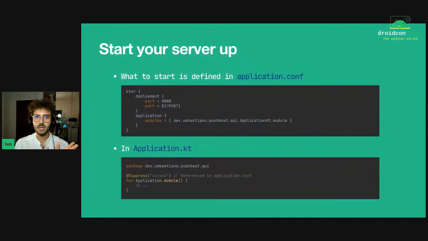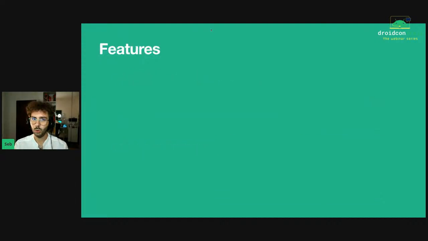You can see in the application.kt file in the repository, there is a function called module that is an extension of Application, which is a Ktor class. You will notice that the fully qualified name completely matches. Obviously, otherwise it will not work. And that's all you need to do to tell Ktor where to start and to make it work when you deploy remotely as well.